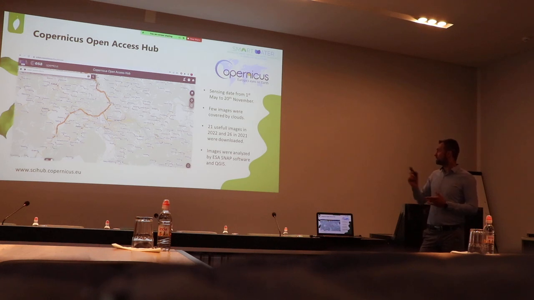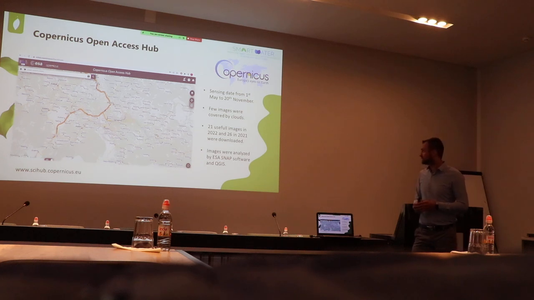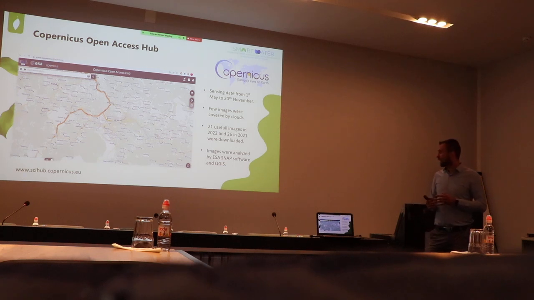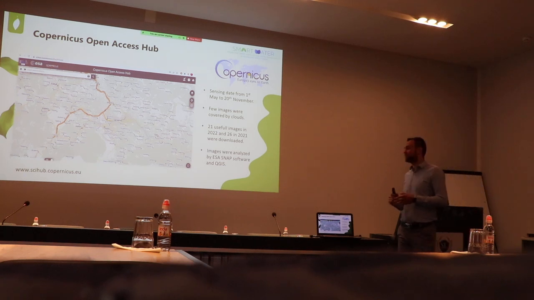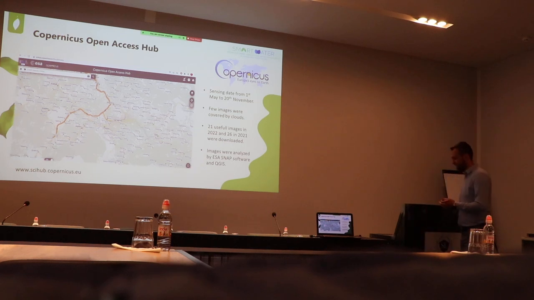So we found 21 useful images in 2022 and 26 useful images in 2021, and downloaded them. Those images were analyzed by SNAP software and also QGIS software.